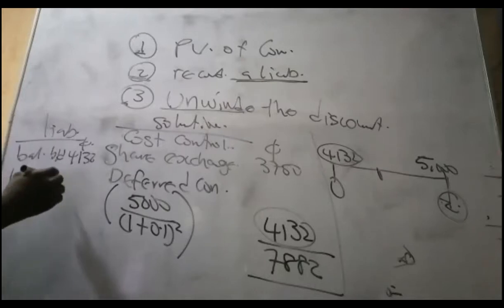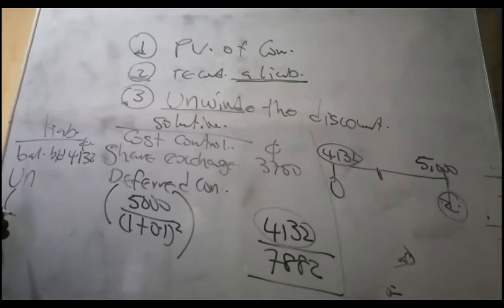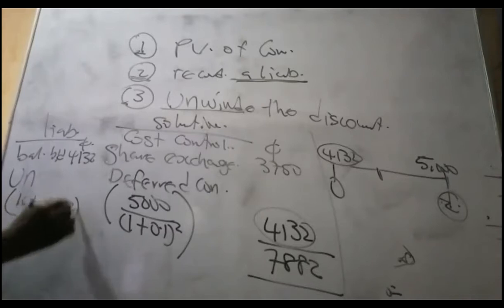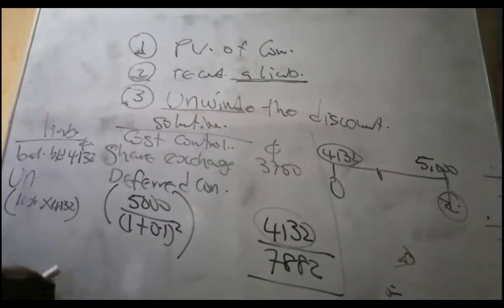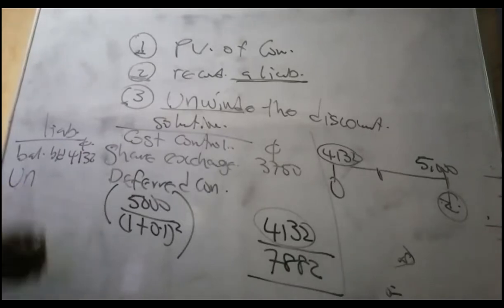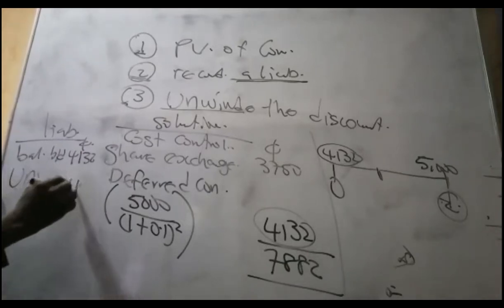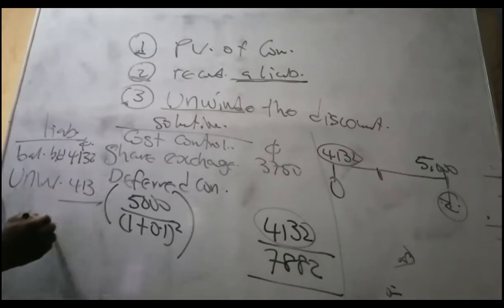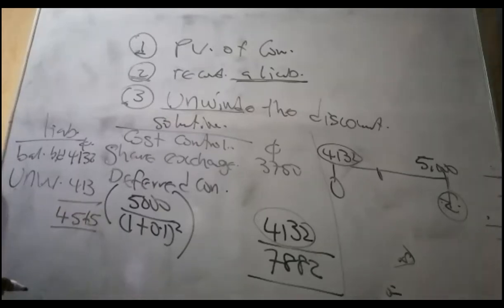Let me do the workings here so that you see it clearly. 10% times 4,132 will give us 413. So the unwinding of the discount will be 413. You add and get the liability at the end, which is 4,545. So that's the balance carried down, the liability at the end of the period.